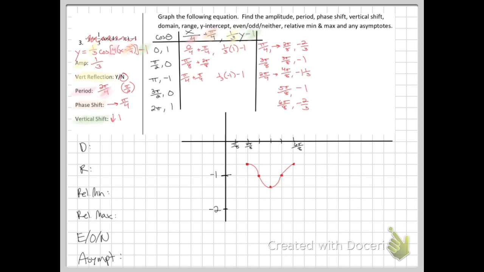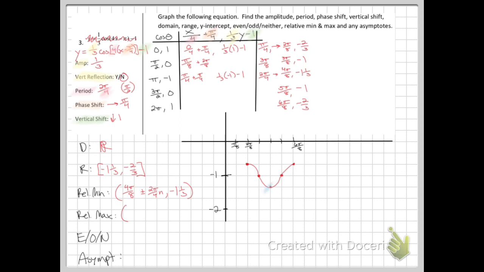I'm going to start filling them in quickly. There are two relative max that show up in the graph.